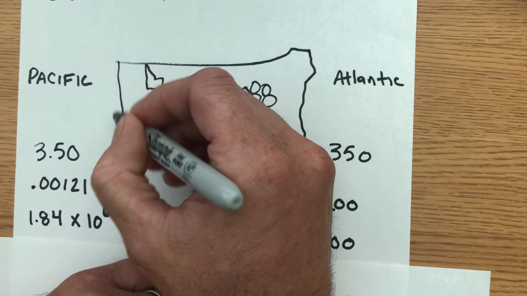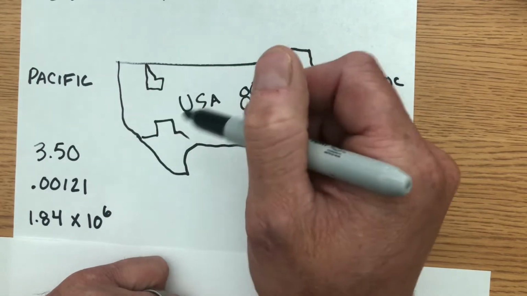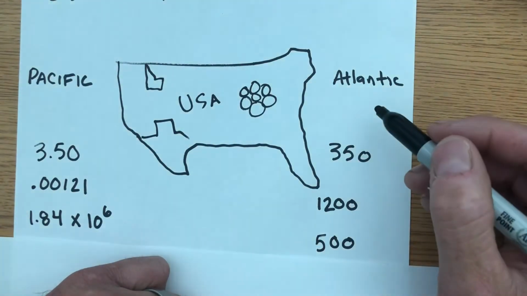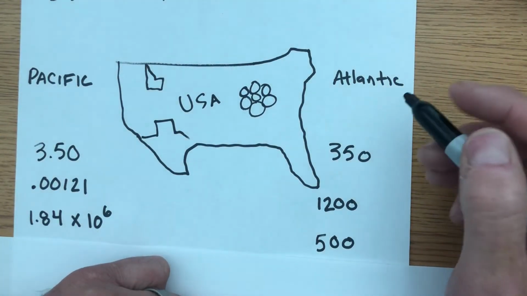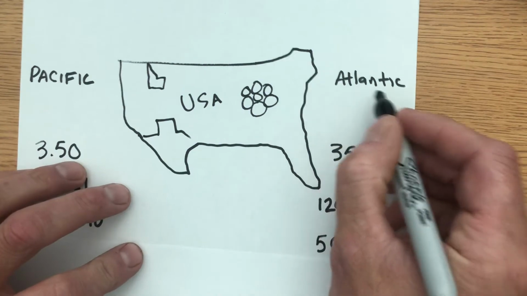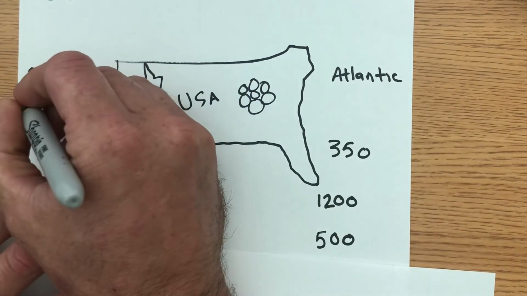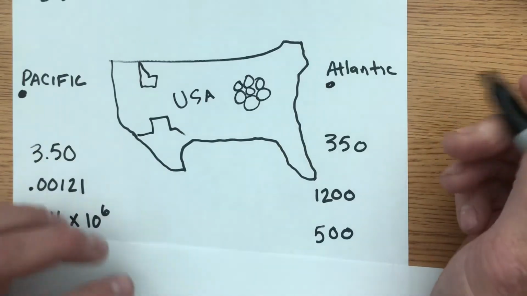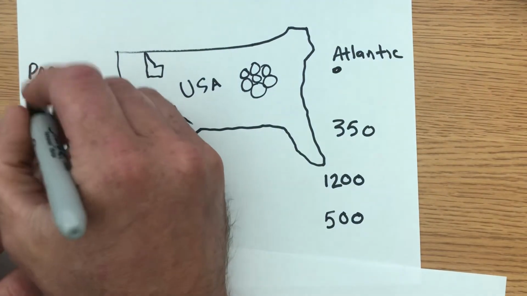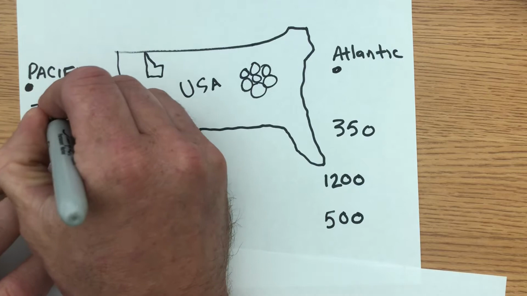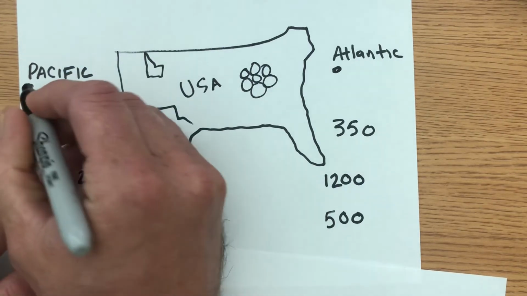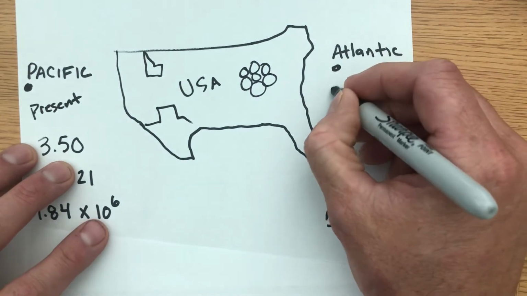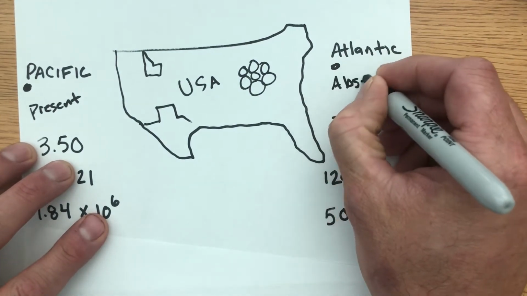On the west coast of the United States, we have the Pacific Ocean, and on the east coast we have the Atlantic Ocean. The important things about this are the letter P and the letter A. Keep those in mind. P means present: P for present, P for Pacific. A for Atlantic, A for absent.